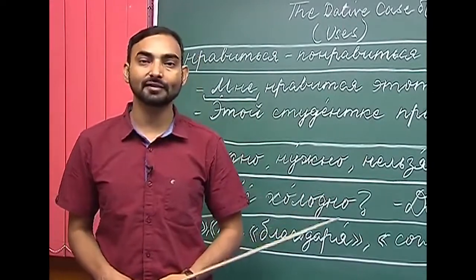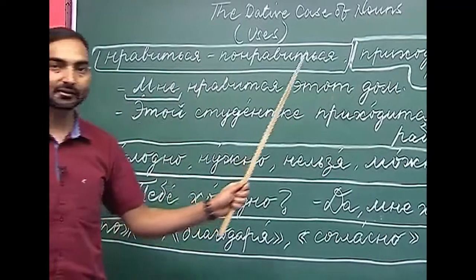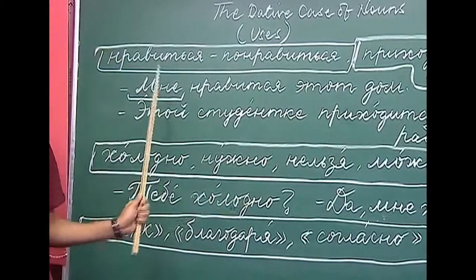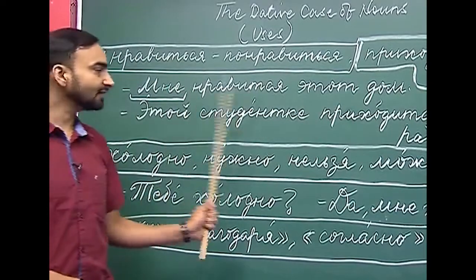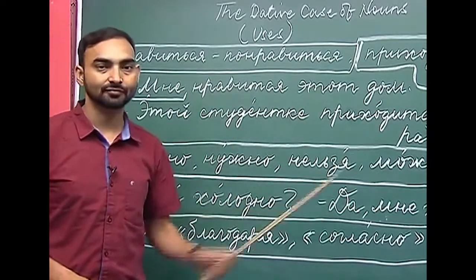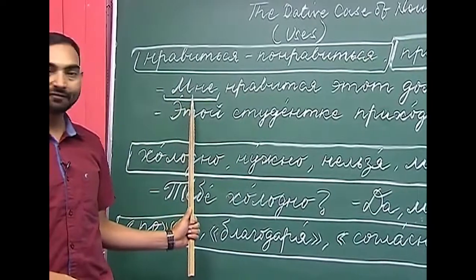Why are we saying logical subject? Because, for example, mne nravitsa etat dom. If you translate this sentence into English, it will be translated as I like this house. As you can see, this ya is in the dative case.